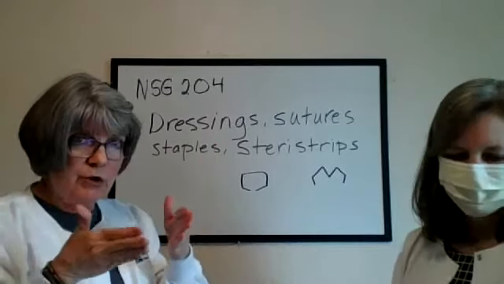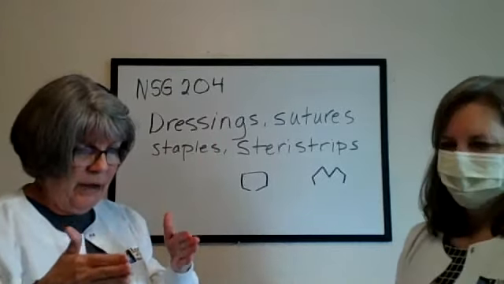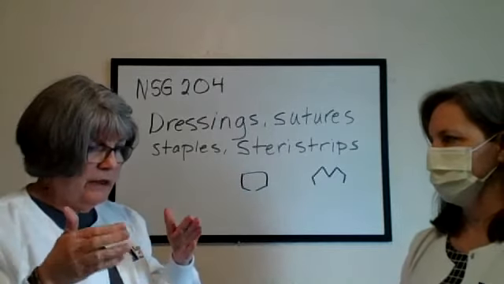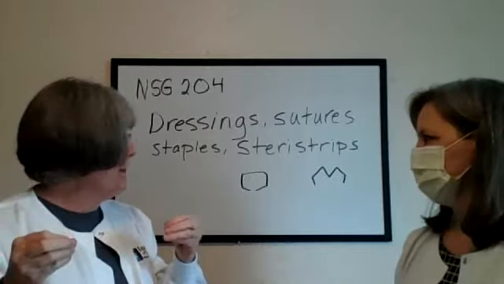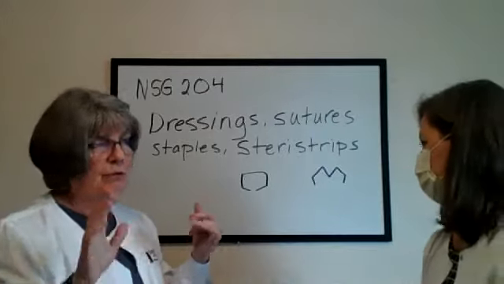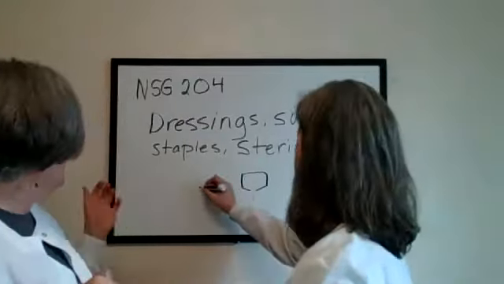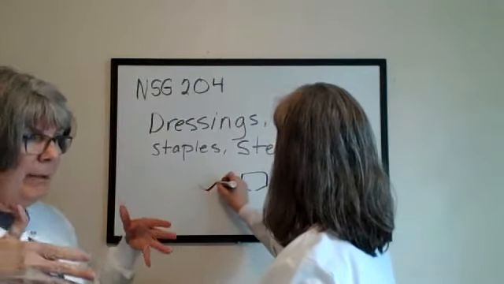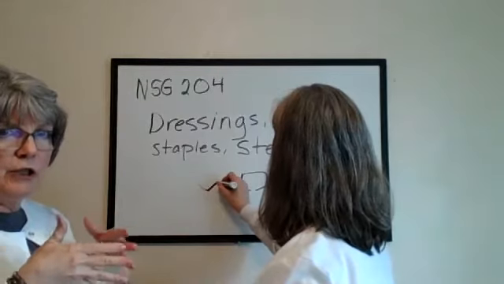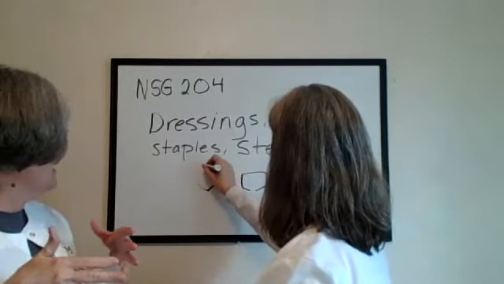But it also helps to draw the edges together. And you'll find oftentimes with skin, whether it be a wound caused by surgery or from any sort of injury, sometimes you need some help with drawing the two edges of the wound together and approximating the skin.